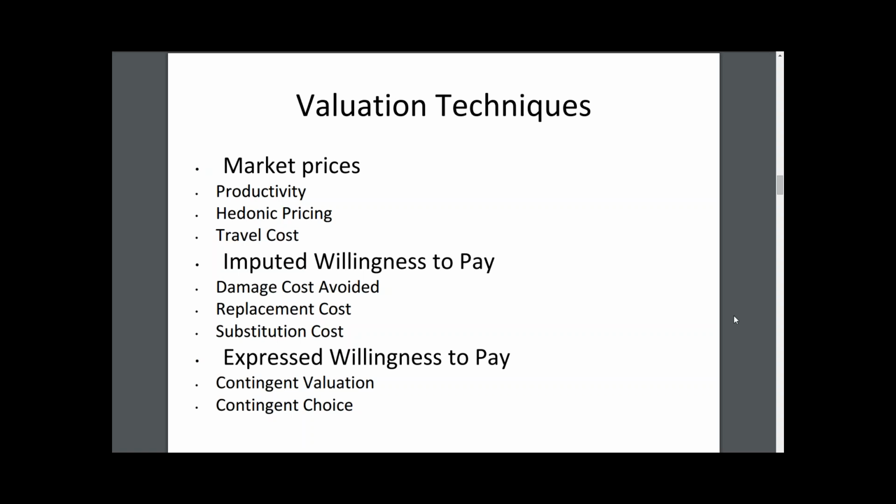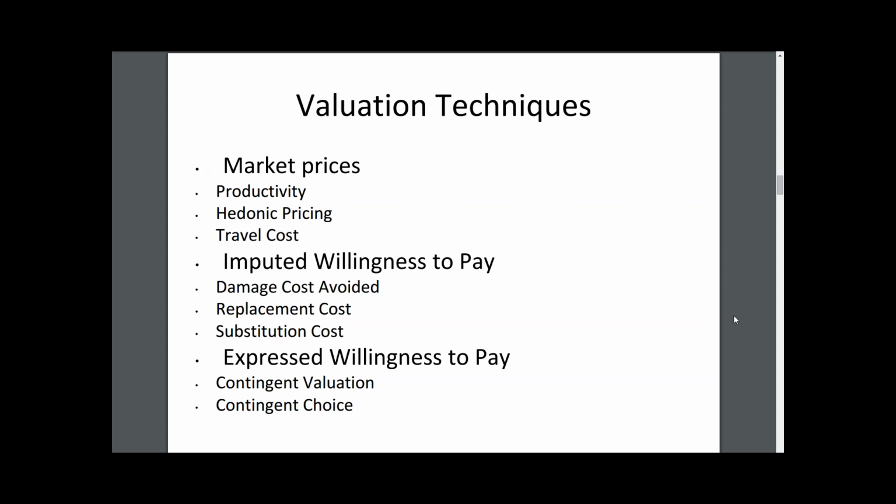So what would it cost to restore or repair this thing if we lost it? How much would it actually cost us to replace this service if it was gone? And so this restoration replacement cost is another thing where we can actually provide some value. And then there's substitution cost, which is related.